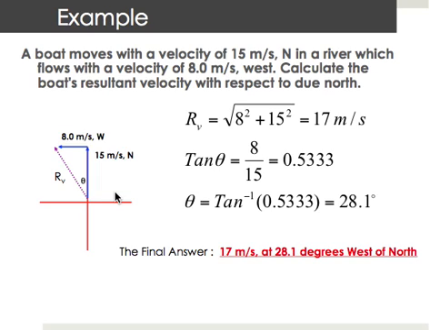For the angle, again, we apply the tan ratio. So tan theta is equal to 8 over 15, which is 0.53333, and this is 28.1 degrees. So the final answer is 17 meters per second and 28.1 degrees west of north.